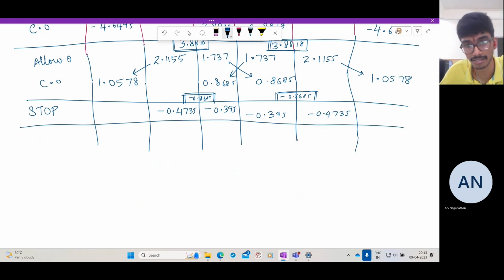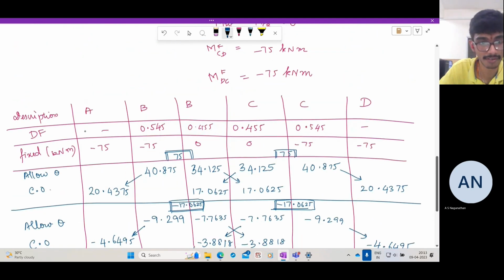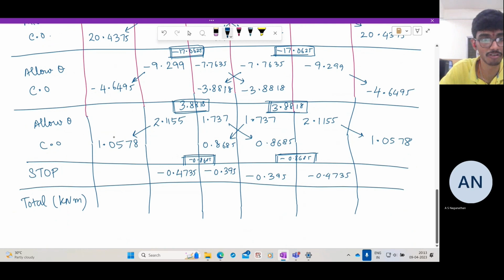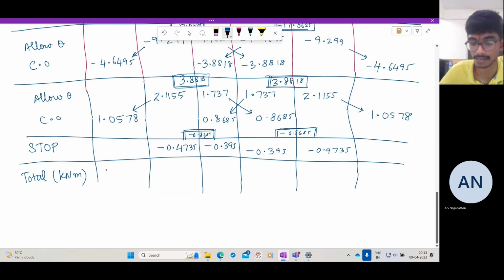Find out the total forces. What is the total? Total moment is, add them all up: minus 75 plus 20 minus 4 plus 1, you get something like minus 58.59.